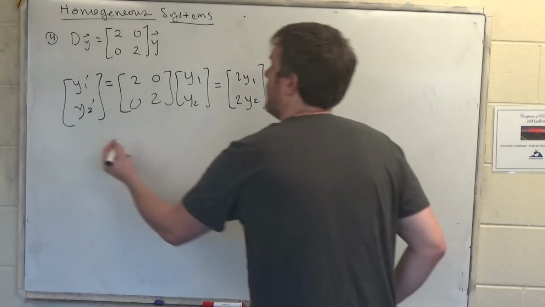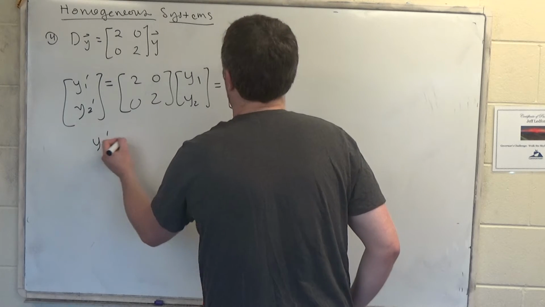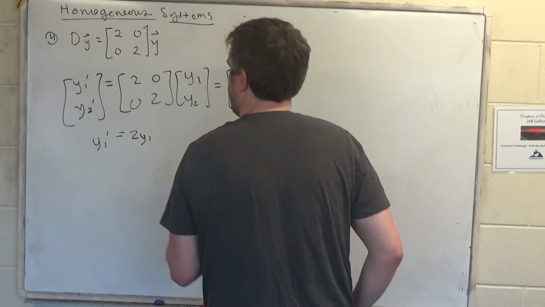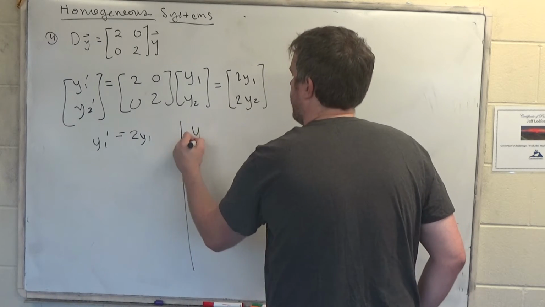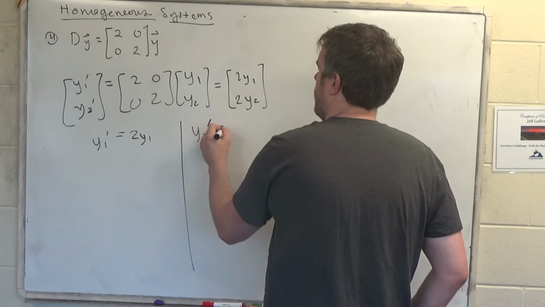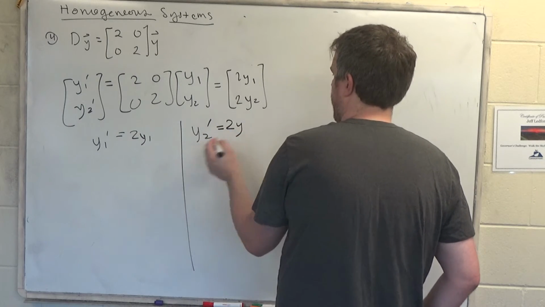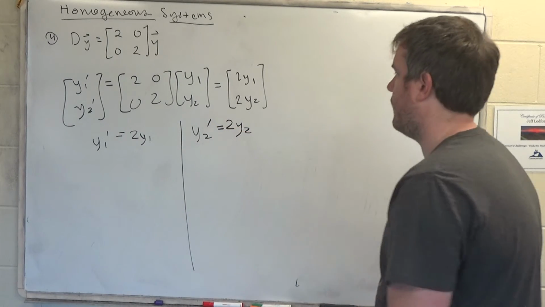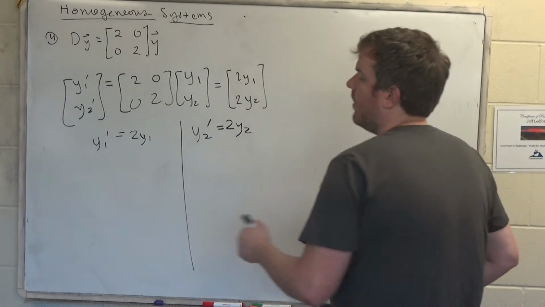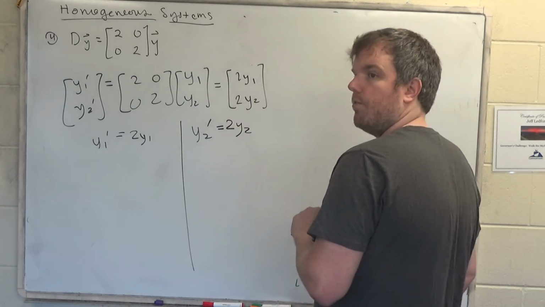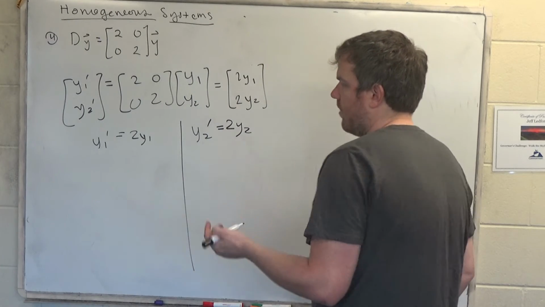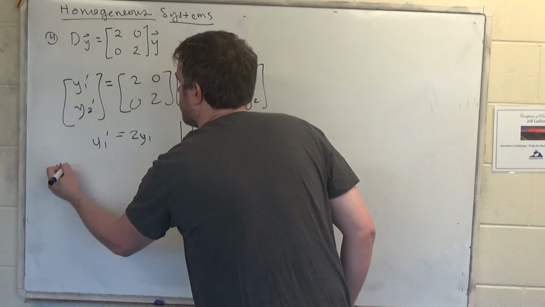I don't need anything fancy to solve this equation. So I'm going to put a little bar here and then do the y2's over here. They'll actually be exactly the same other than the subscripts. Here, this is a first order constant coefficient homogeneous linear differential equation.